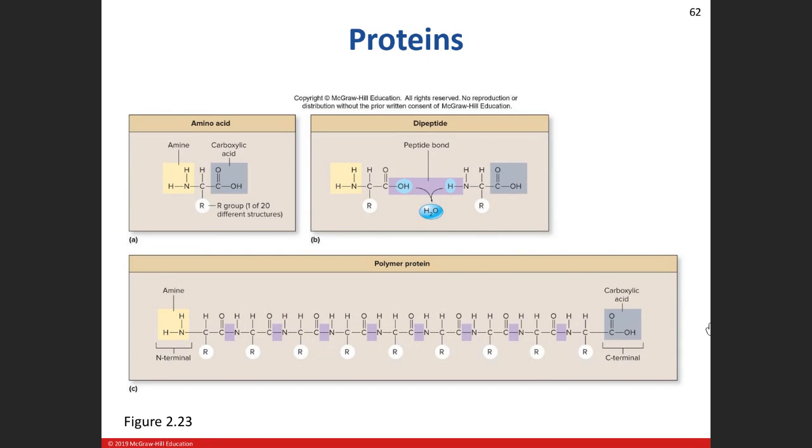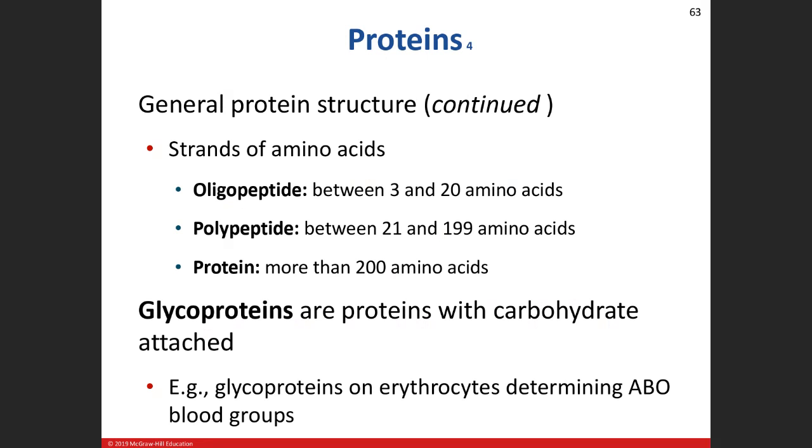Now we have these long strands of amino acids. So when do we get the protein? Well, first, before we get to the protein, if we have a string of amino acids and it numbers between the values of 3 and 20, then we have what's called an oligopeptide. As we continue to string more amino acids onto that, if we get to the values of 21 to 199 amino acids, then we have what's called a polypeptide.